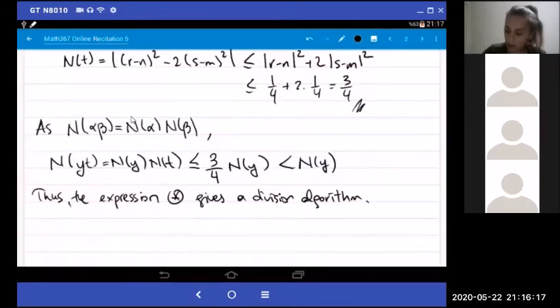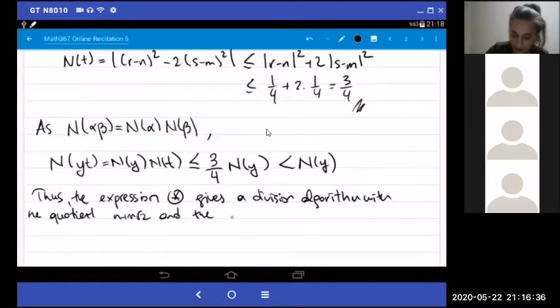Let me write it, with the quotient n plus m root 2, and the remainder, what was it? yt, in our ring Z[root 2].